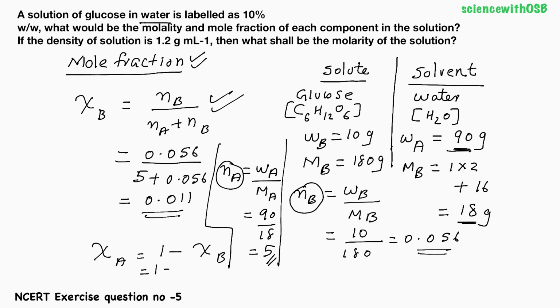It is 1 minus chi B, 0.011. And you will be getting 0.989. So mole fraction of glucose is 0.011 and mole fraction of water is 0.989.